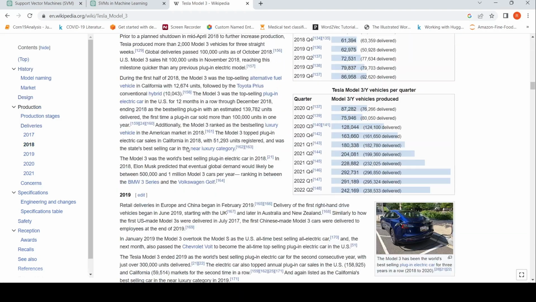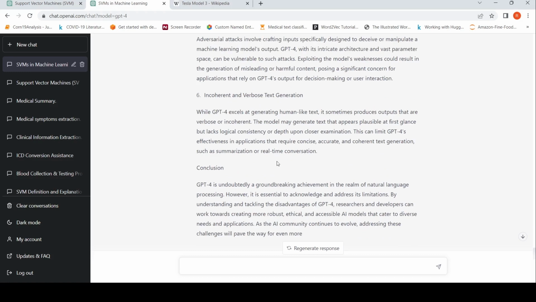I'll just copy that part and I will say to GPT-4, write an introductory mail to customers on the below product. Let's see how it comes up.